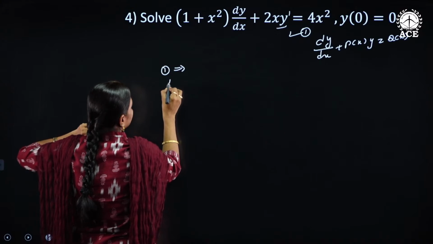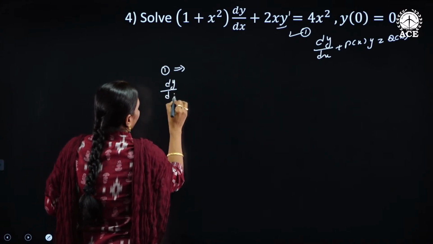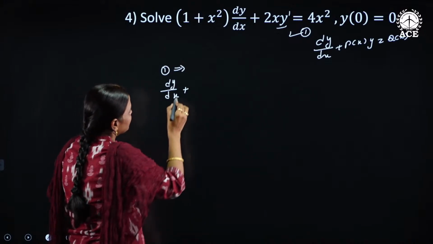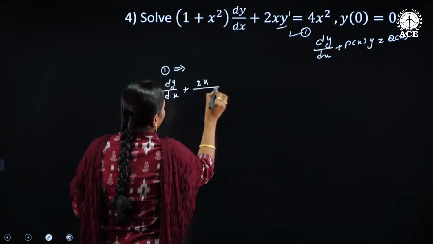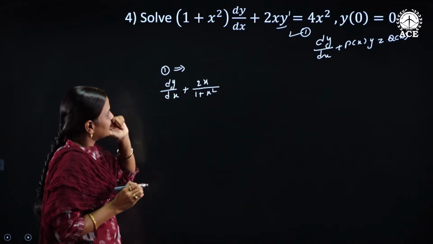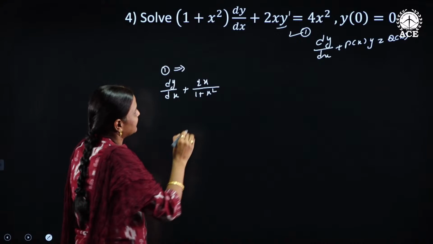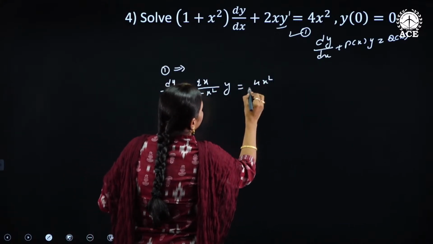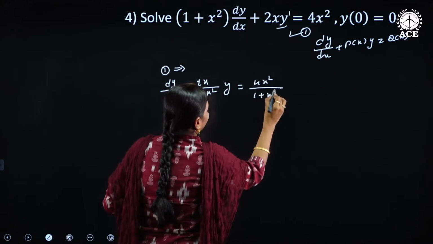dy by dx plus, if we are dividing the entire equation with 1 plus x square, we get 2x by 1 plus x square into y is equal to 4x square by 1 plus x square.